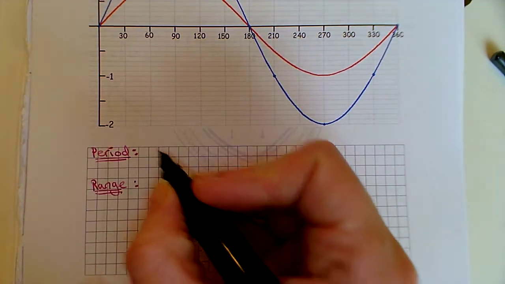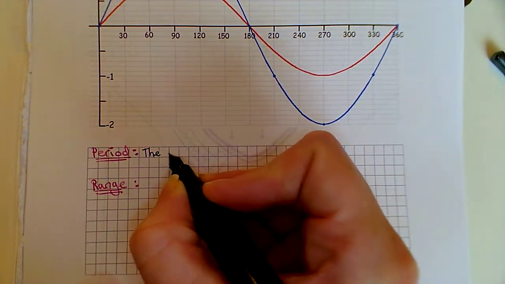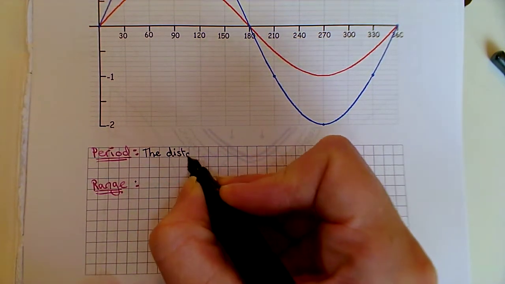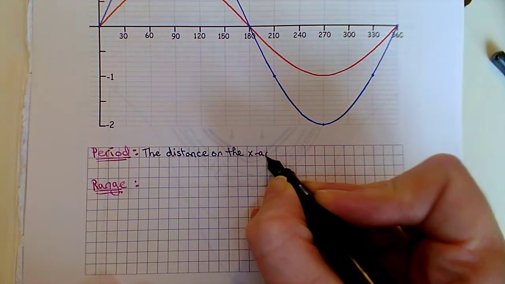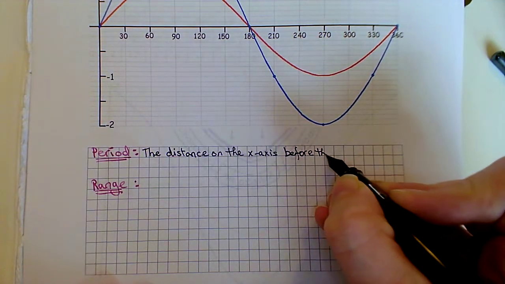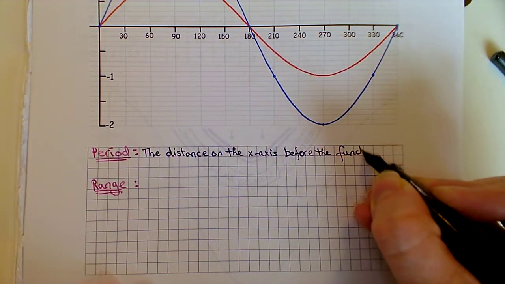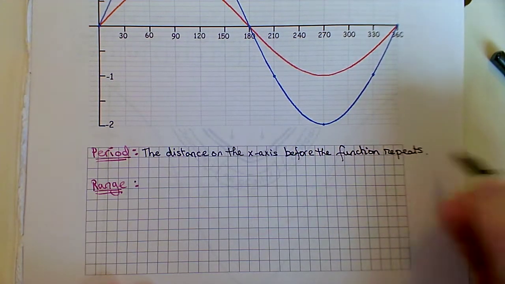So the period of a function is the distance on the x-axis before the function repeats. So how soon does it repeat?